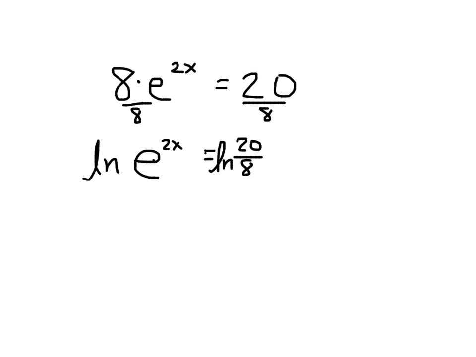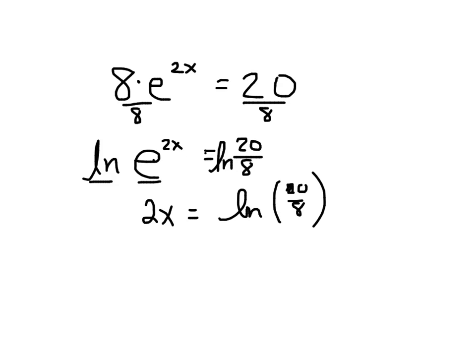If the base number was an actual number, like a 4 or 3 like we had in the last problem, then we log both sides. Recall from the e section, which was section 2, when we have e and ln next to each other, they cancel each other out, leaving you 2x equals the ln of 20/8.